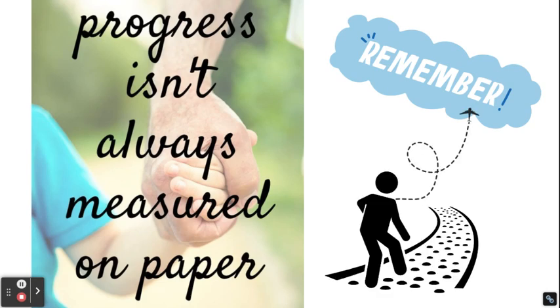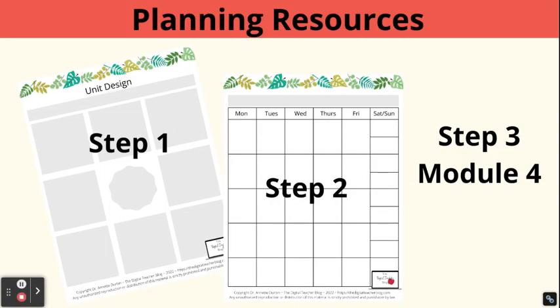Remember also that learning is a path, and not everybody's path is the exact same. Keep those things in mind whenever you are planning your unit, and then if you get to the end of the unit and there are some students who need some reteaching, that's totally okay. All right, so as I said before, not all flowers bloom at the same time.